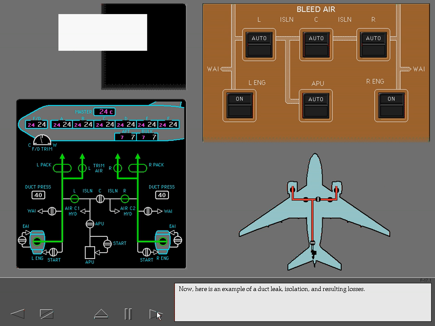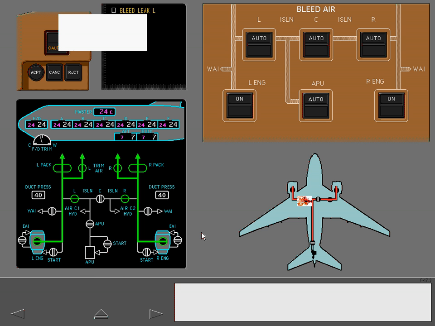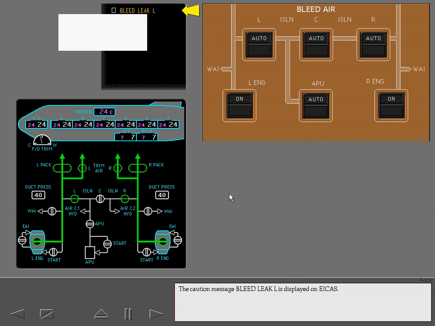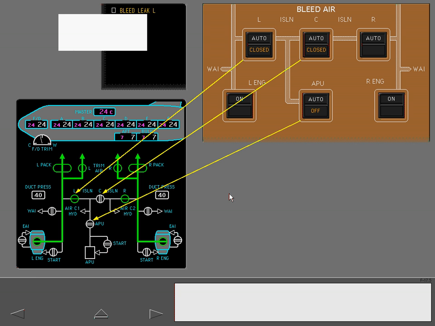Now here's an example of a duct leak, isolation, and resulting losses. Assume there is a leak in the body area. The caution message, bleed leak left, is displayed on EICAS.